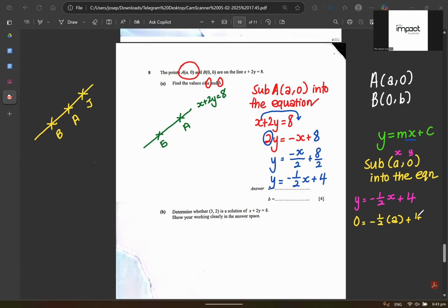Can you understand or don't understand? Okay? Then from here itself, you bring the 4 over. Right? Negative 4 equals to negative half of a. Does that make sense to you?